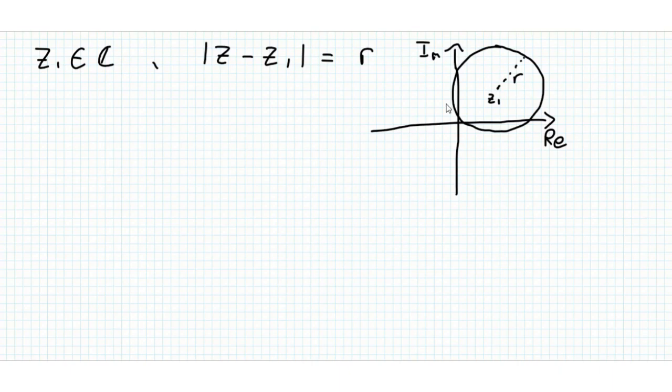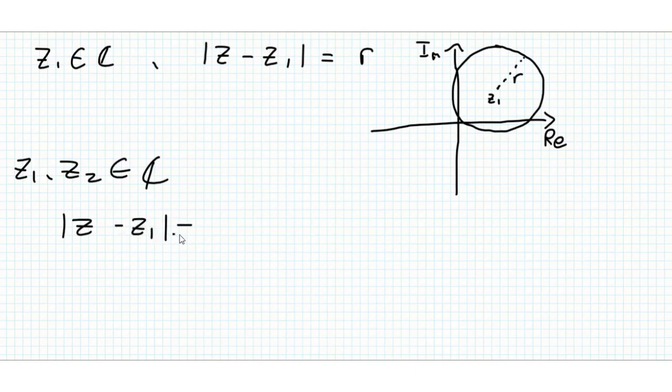Our second case is if we've got z1 and z2 are both complex numbers, specific complex numbers given to us, and we want to find values of z that satisfy the modulus of z minus z1 is equal to the modulus of z minus z2.